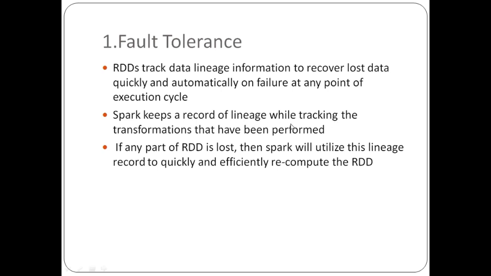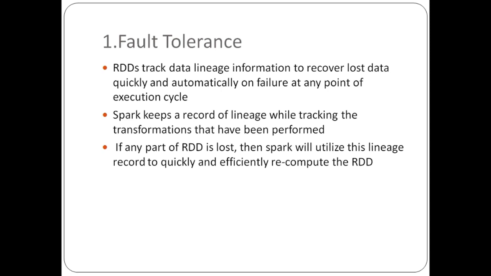Spark keeps a record of lineage while tracking the transformations that have been performed. What are all the transformations you are performing on the RDD? The lineage graph will capture that status. The lineage graph will be formed based on that transformation logic.